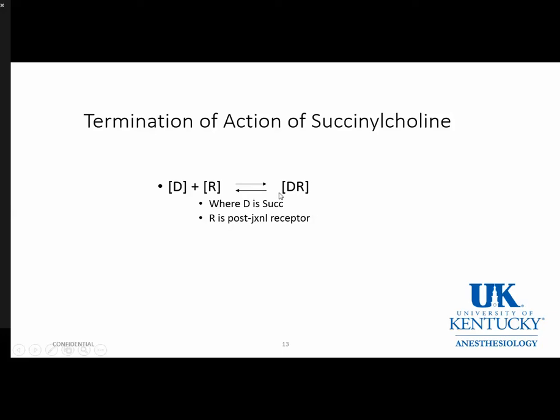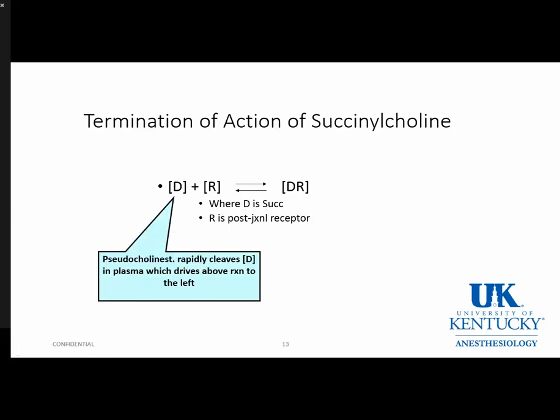right, to cause drug bound with receptor, which gives you your phase 1 depolarization block. At the same time that's occurring, some of the drug is percolating out, if you will, into the plasma, where it's rapidly being cleaved by pseudocholinesterase. As the concentration of drug drops from the pseudocholinesterase, in order to maintain equilibrium, this equation must move from its initial move to the right back to the left, because now this concentration is dropping.